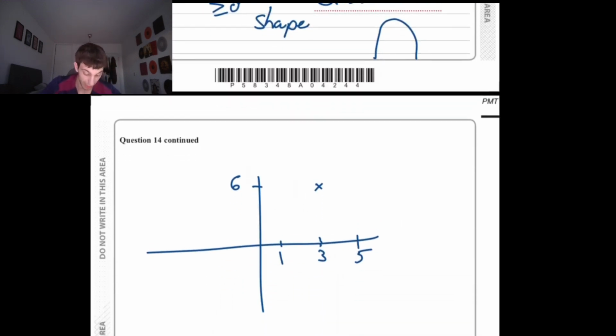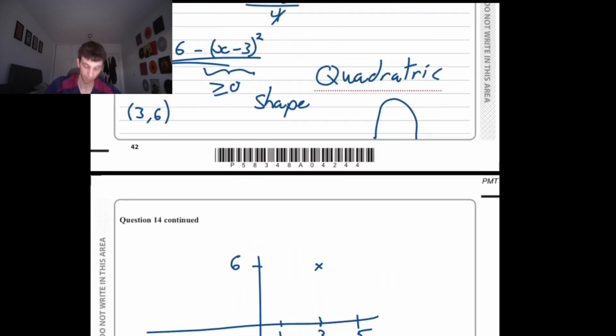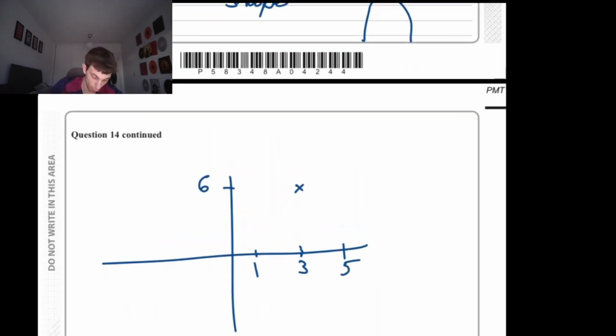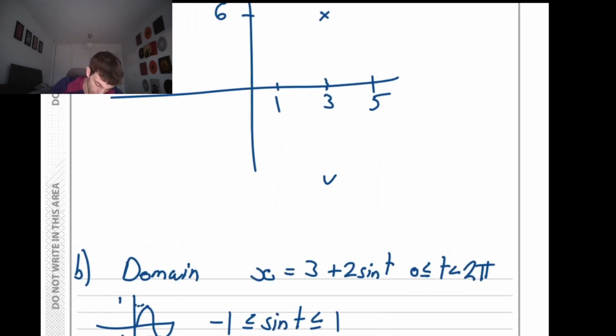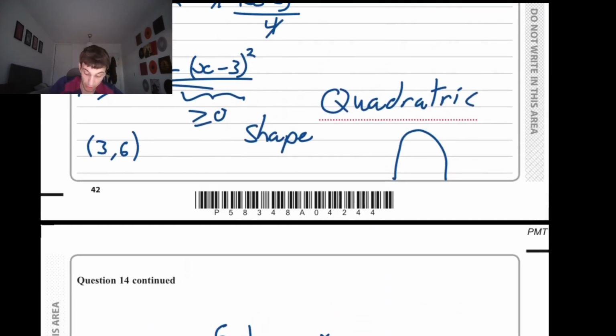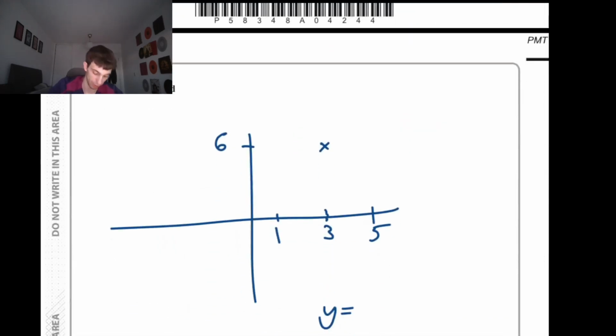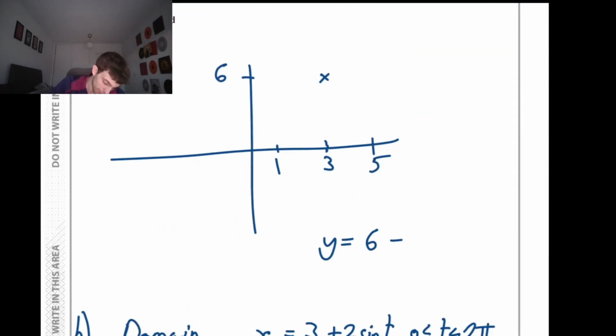Next thing we can do is find the values of y when we have x equals 1 and x equals 5. So just quickly writing it out, let's write it over here. We had the Cartesian equation that we found, y equals 6 minus (x minus 3) squared.